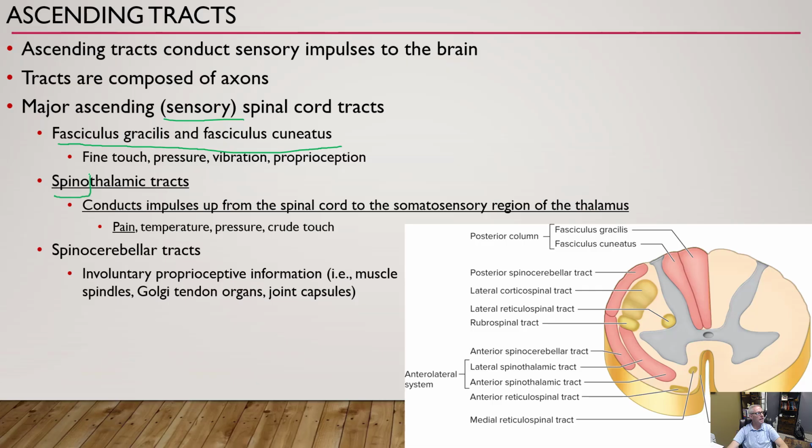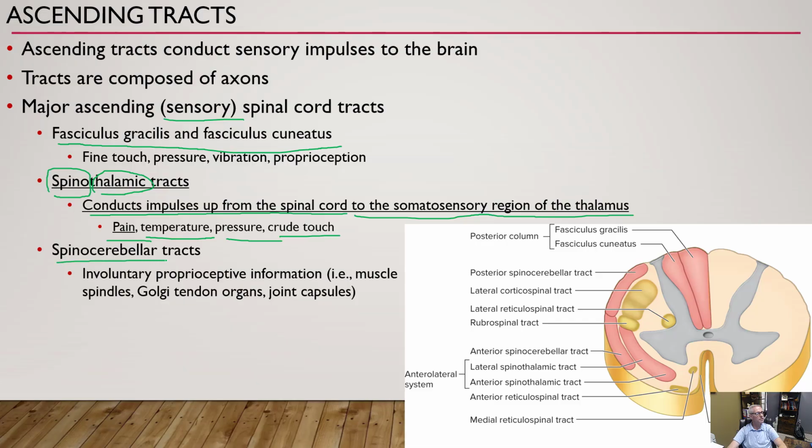Spinothalamic: this is going to go from the spine to the thalamus. And that's going to conduct impulses from the spinal cord up into the somatosensory region of the thalamus. So your pain impulses, temperature, pressure, touch are going to go from the spine to the thalamus.